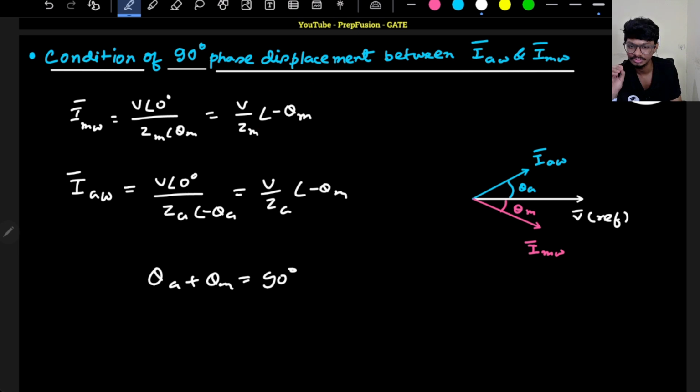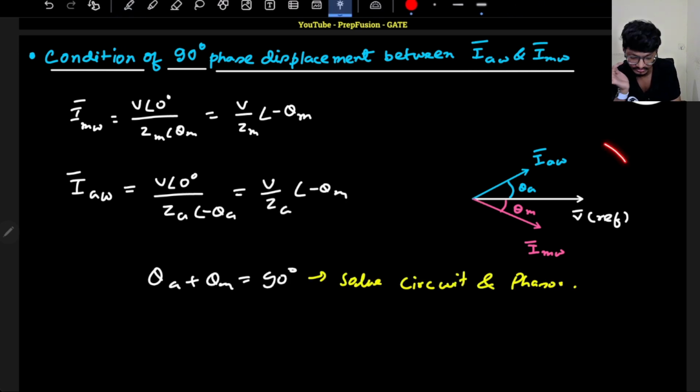Simply don't remember any formula, just solve the circuit and phasor. Draw the phasor diagram. If they are asking you to get a 90-degree phase angle, draw the phasor diagram and then add the angles, that's it.